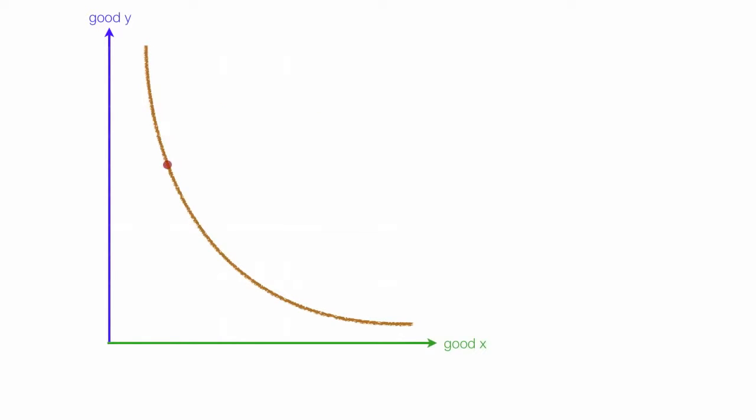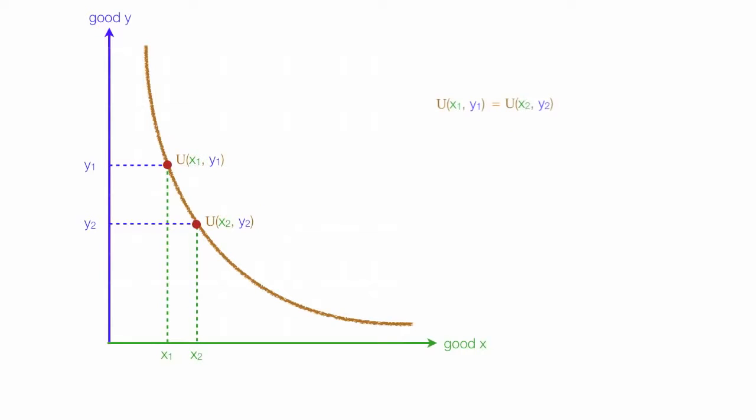If I take a point along the indifference curve right there, that's y1 and x1, and that's utility x1, y1. The second point with y2 and x2, the utility at these two points are equal to each other.